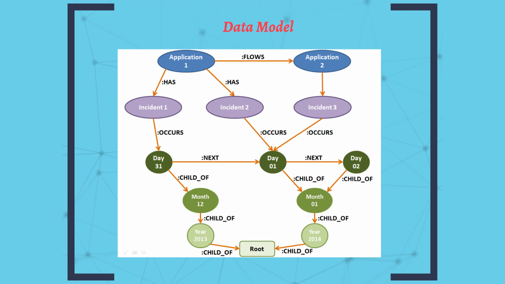Then we enrich this data model with properties on relationships and nodes. For example, we can specify if any given application is a production application or a development or integration application. We can also have insights on flows, because flows can be FTP, SQL, and so on.